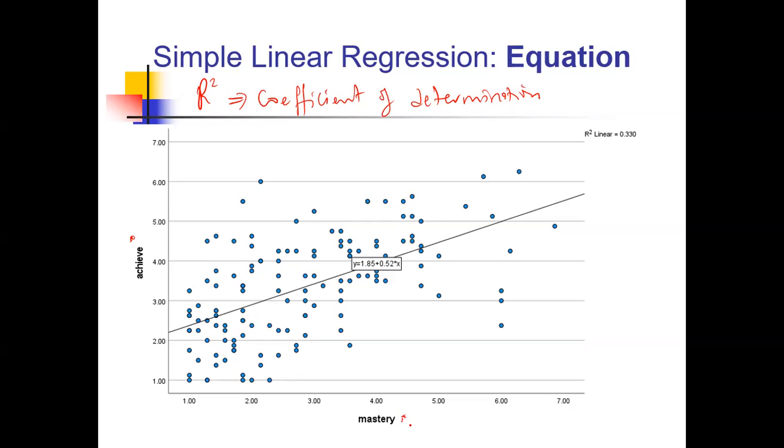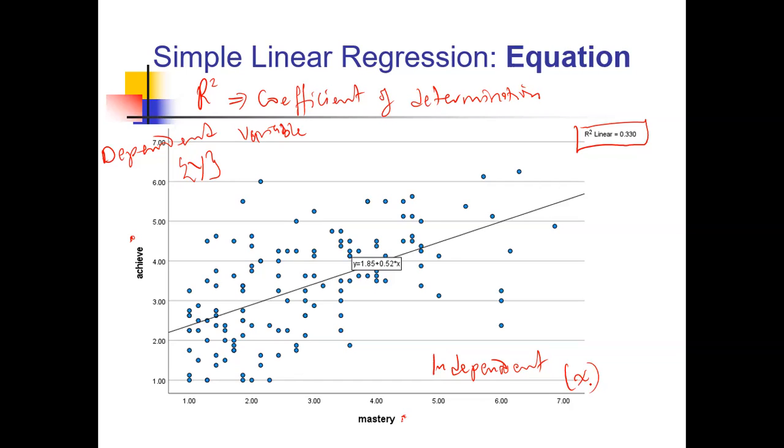But generally speaking, the coefficient of determination, R squared, tells you the percentage of variation in the dependent variable, and the dependent variable in regression is always your Y, that is explained by the independent variable. In regression, the independent variable is always your X.